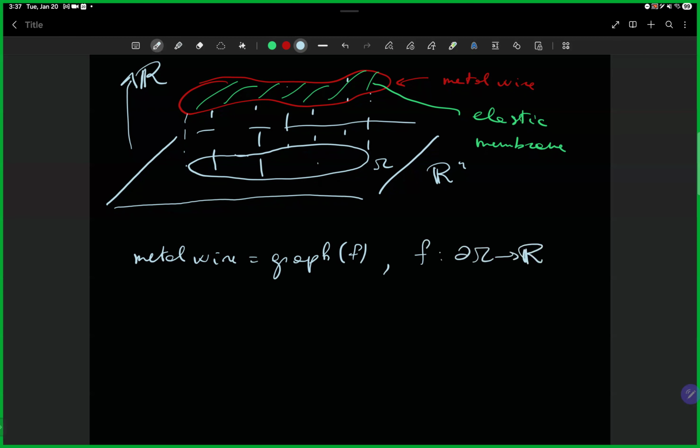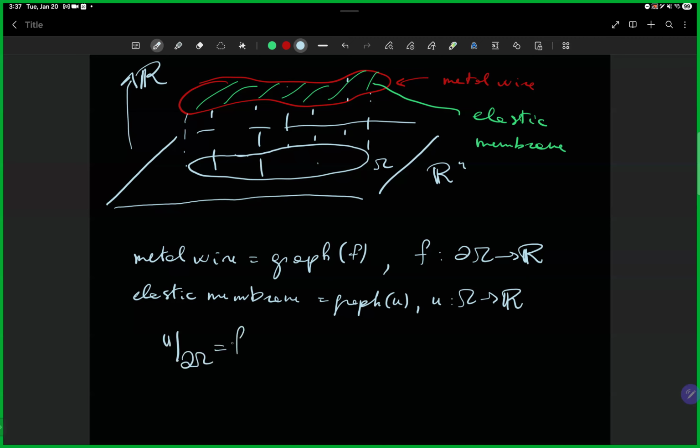And then my surface, my elastic membrane, is the graph of u, where u is a function from omega into R. The fact that the elastic membrane is attached to the metal wire means that u restricted to the boundary is equal to f. So that's the boundary condition.